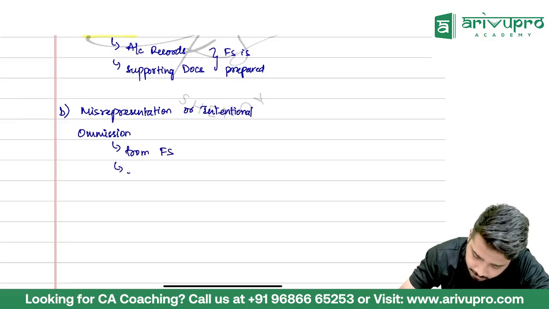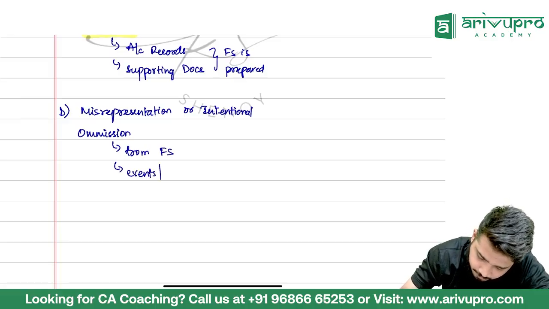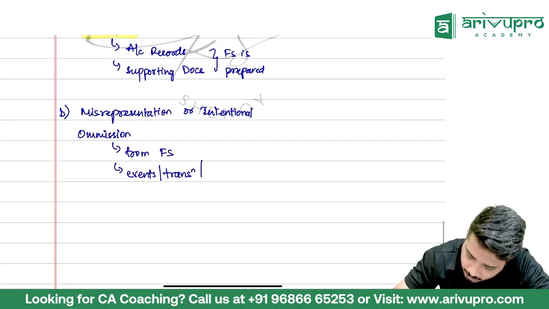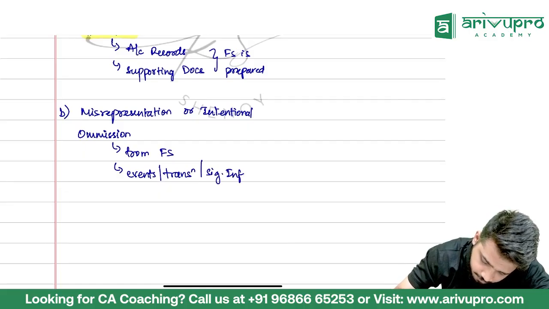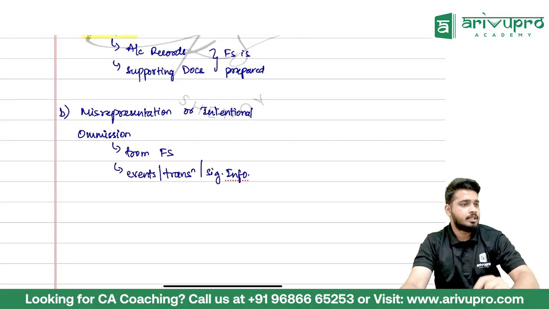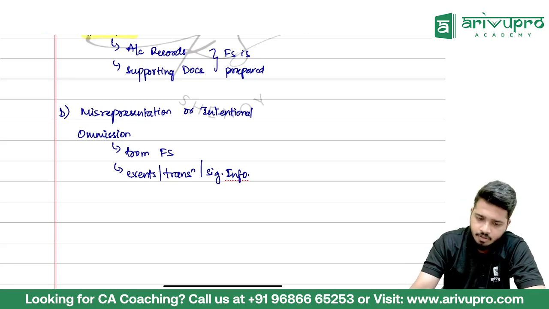What are we omitting? Events, transactions, or other significant information. Other significant information. Right? You can remember this like this.